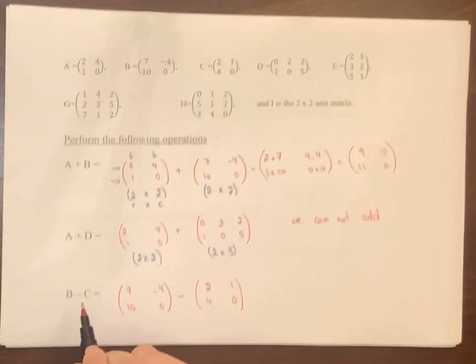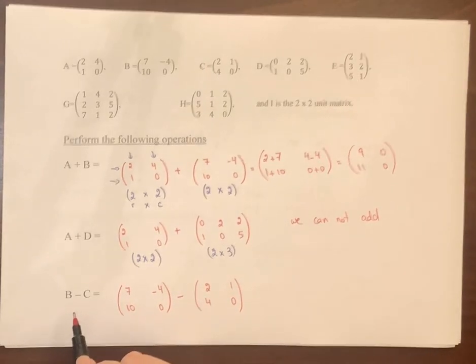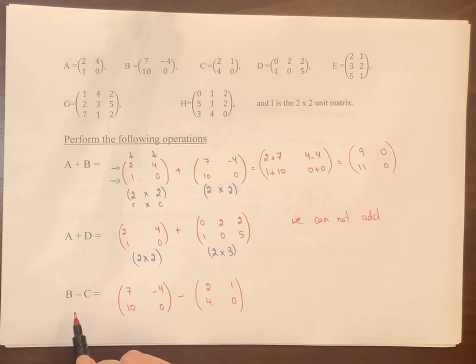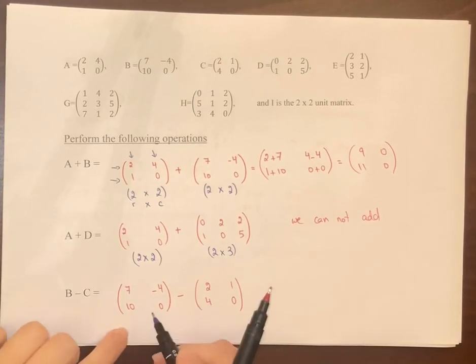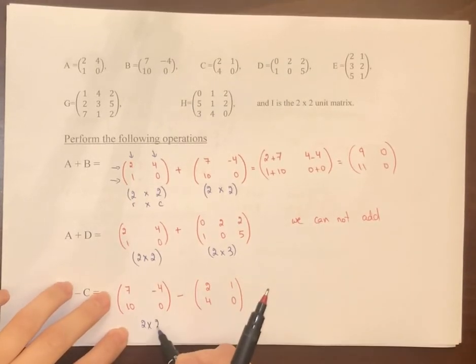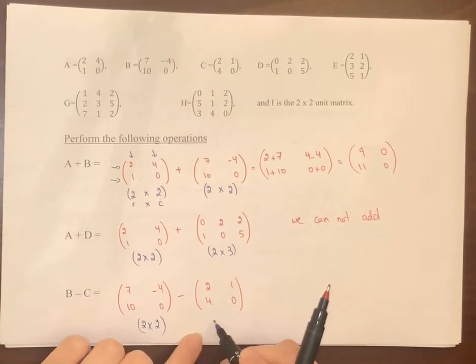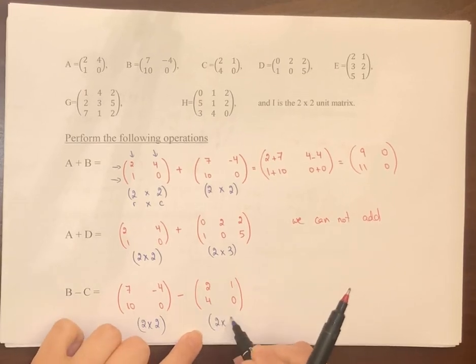In the third operation, B minus C, we're subtracting, so the same thing goes for subtracting. When we're adding or subtracting, matrices should be of the same dimensions. So over here it's a 2 by 2 matrix. Over here it's also 2 by 2.